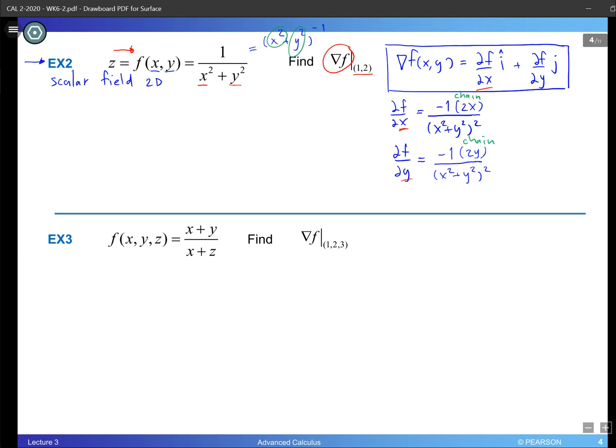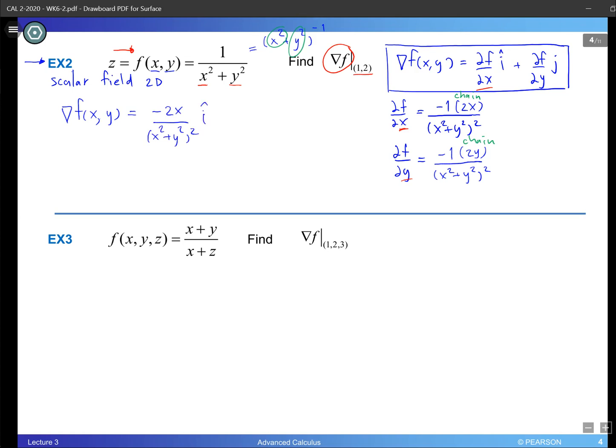Now that we have found df by dx and df by dy, we can just plug them back into the formula to get this gradient vector of f for this example for any x and y. And it's going to be equal to df by dx, and that is equal to minus 2x divided by x squared plus y squared and square again at the end for the first component, right?